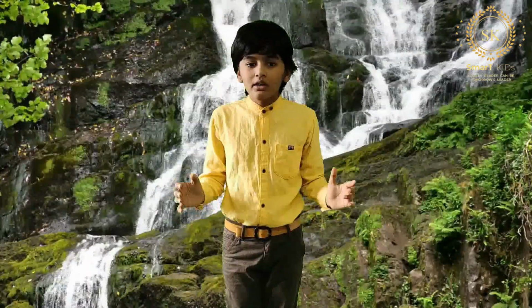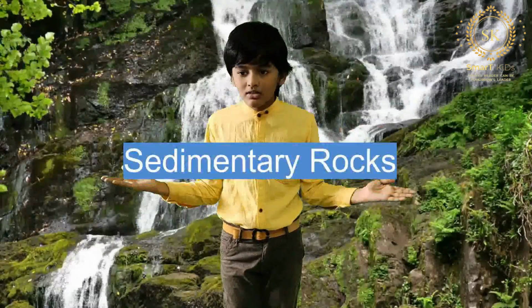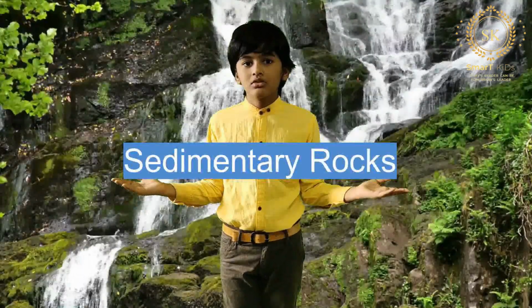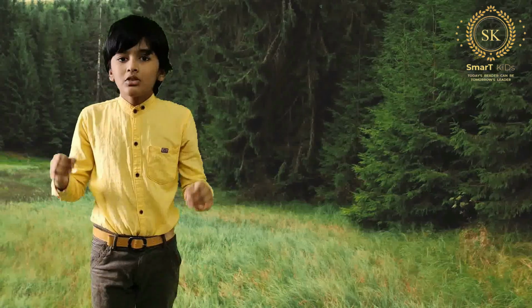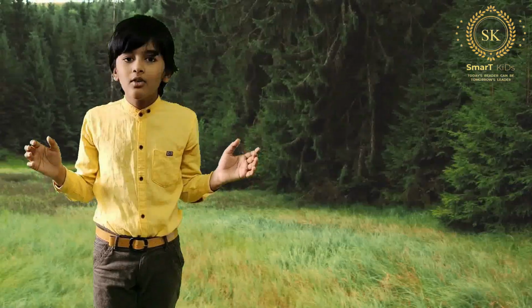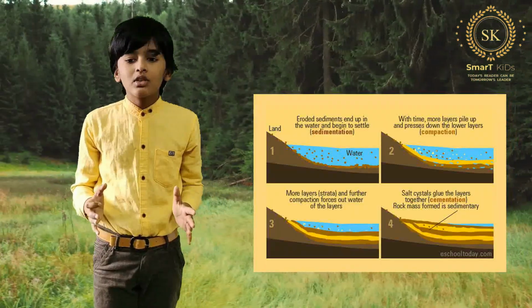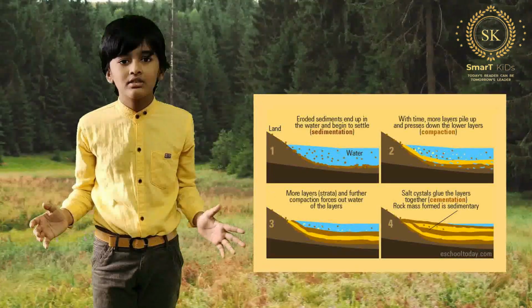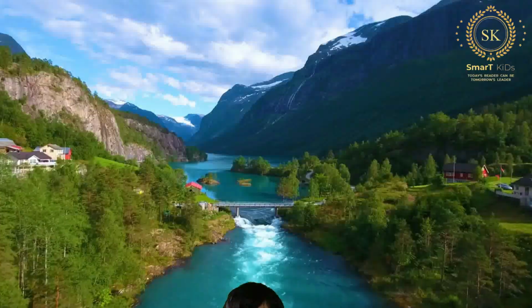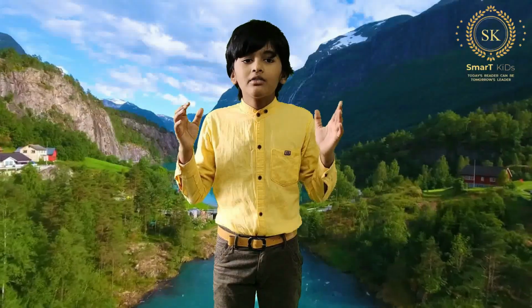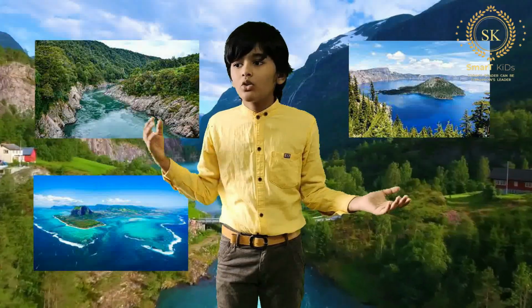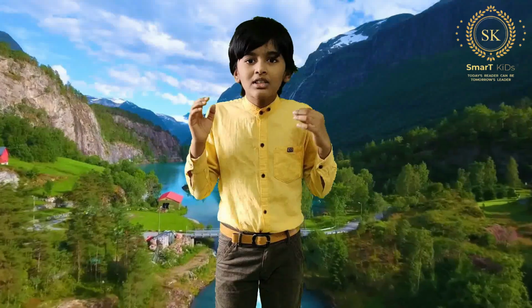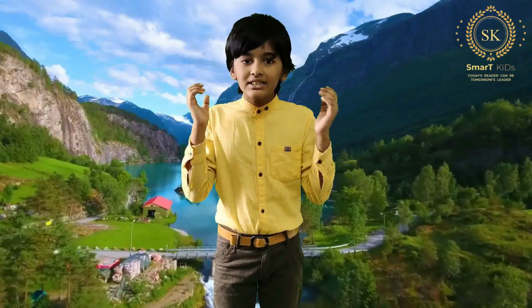Now let us talk about sedimentary rocks. Due to the action of wind and water, small pieces of rocks get eroded or washed over long distances. They settle at the bottom of rivers, lakes, and oceans. This deposited material is called sediment.